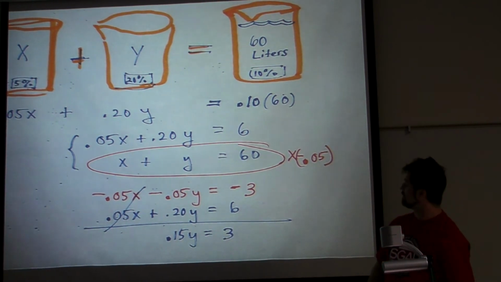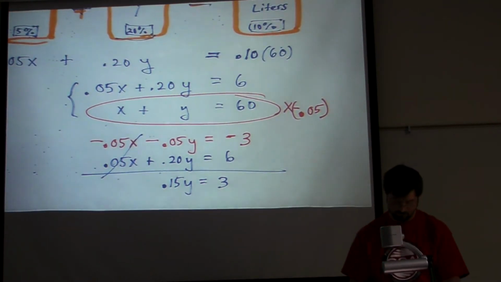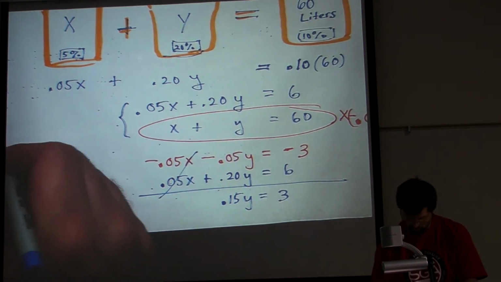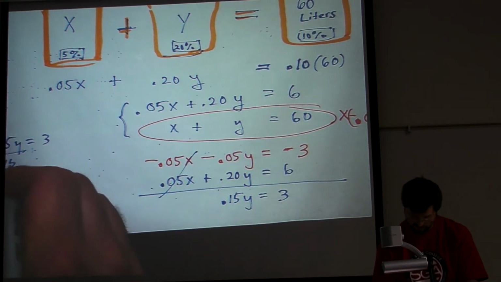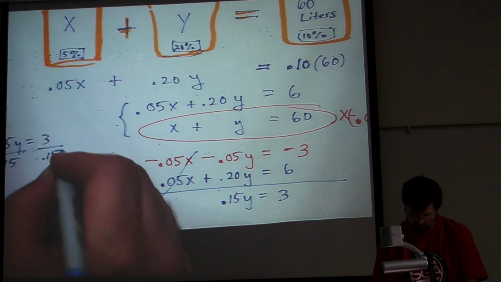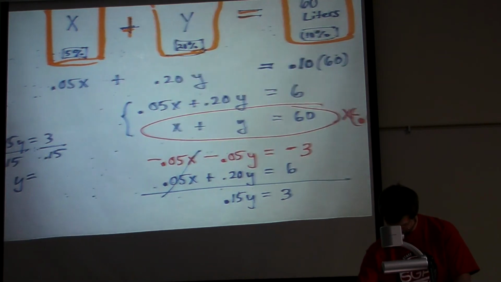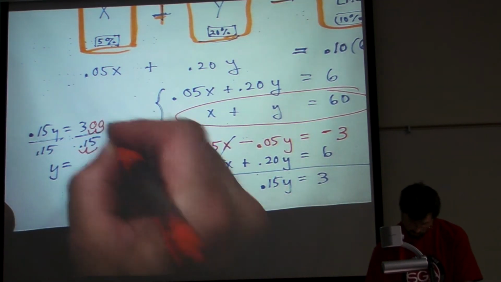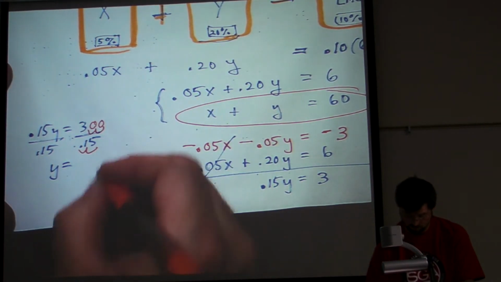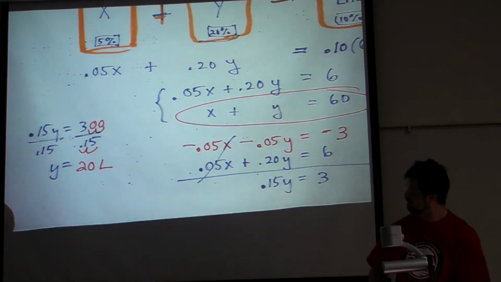And then if I divide both sides by 0.15, y equals 300 divided by 15, which is 20 liters.